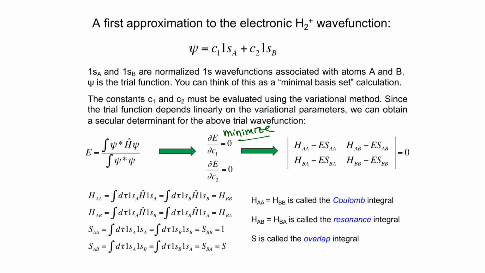So just a couple of things regarding this secular determinant, the matrix elements that are contained in here. So just some notes here, the HAA terms are described by these integrals, okay, and make note that HAA is equal to HBB in this case, okay, and then we have the definition of our those are given a special name called the Coulomb integral, okay, when you're working with the wave functions on the same atom, okay.